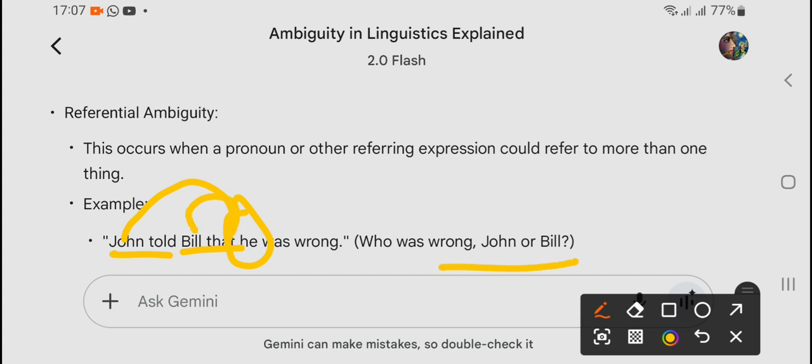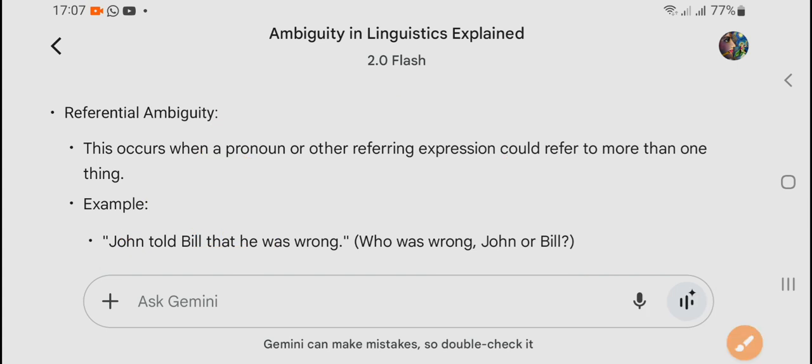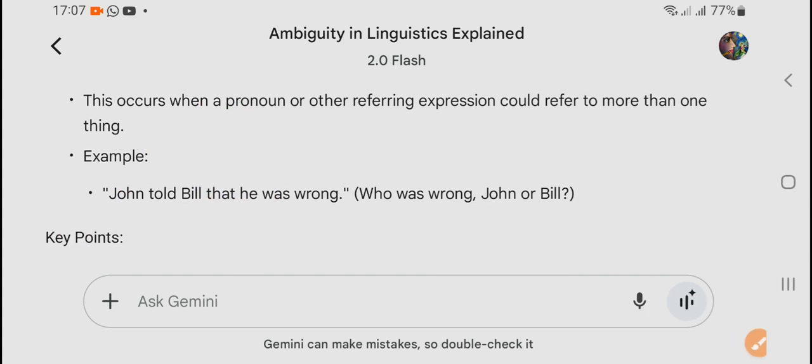So when ambiguity occurs through a pronoun or other referring expression, a pronoun is actually a referring expression which refers to either John or Bill or someone, he or she, right? So when he or she is used and it's not clear for whom, it is called referential ambiguity.